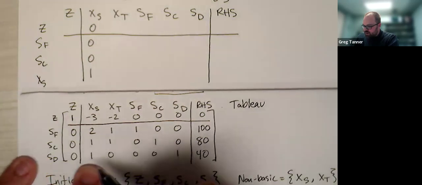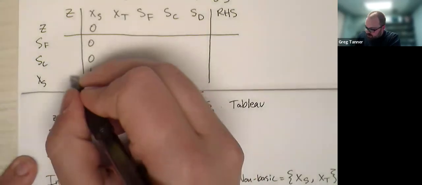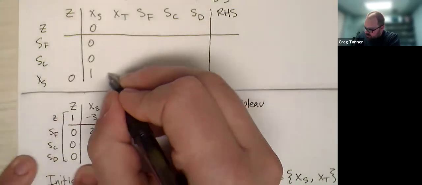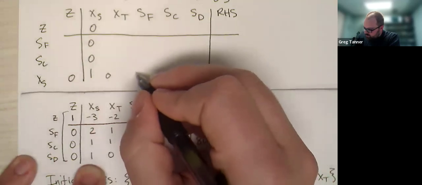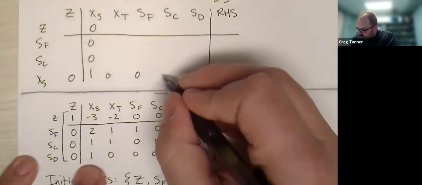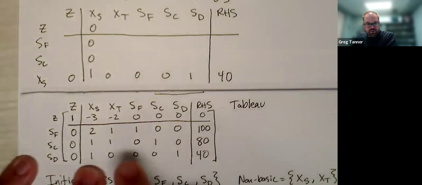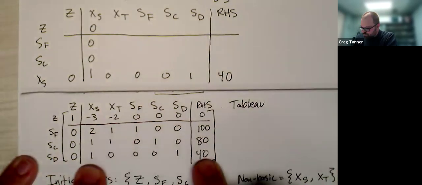But this is a 1, and so we don't actually have to do anything to the bottom row. And so let's copy the bottom row up to here. And so this bottom row is then 0, 0, 0, 0, 1, 40. Okay, so I just copied my bottom row down.